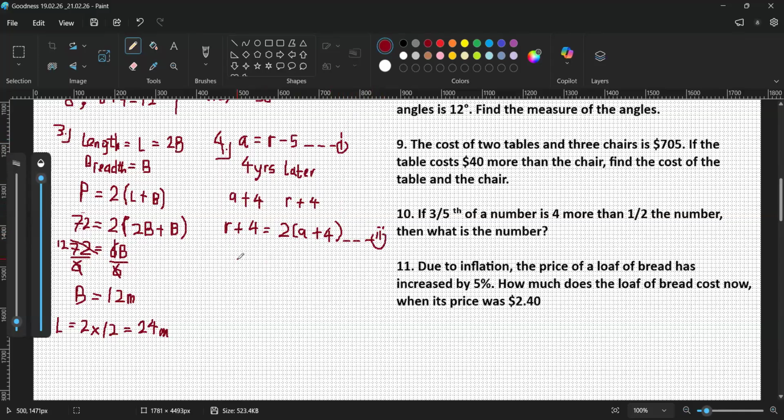So I'm going to substitute for A in equation two. Why? Because equation one is in terms of A. Now, let me say something here I've not really emphasized since we started doing all these things.